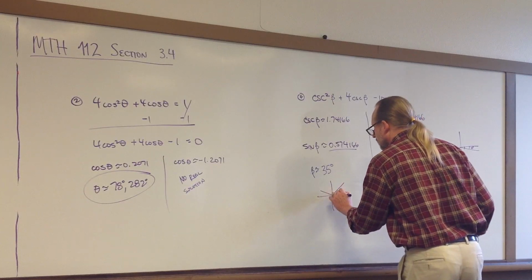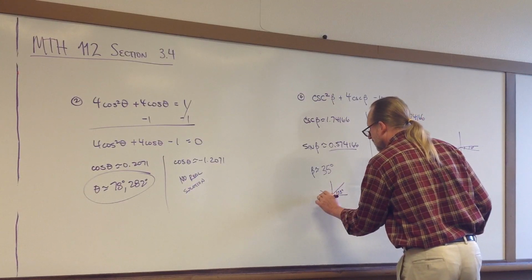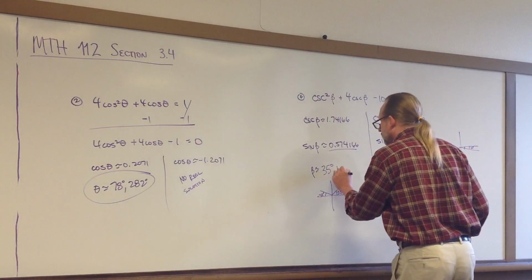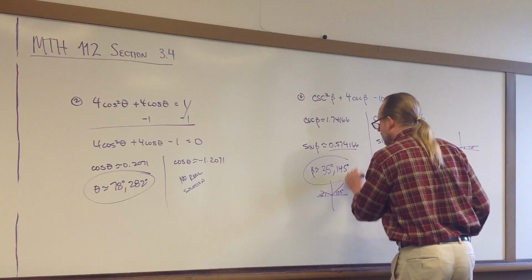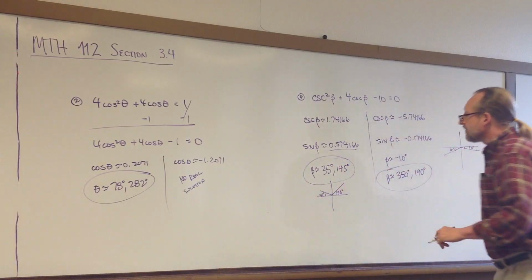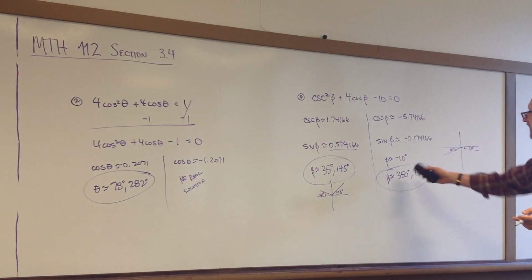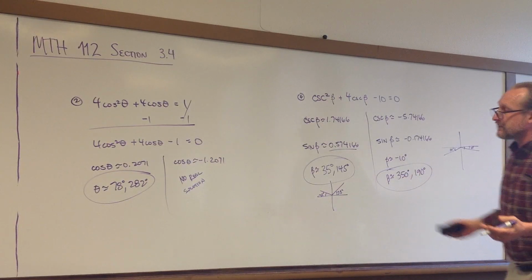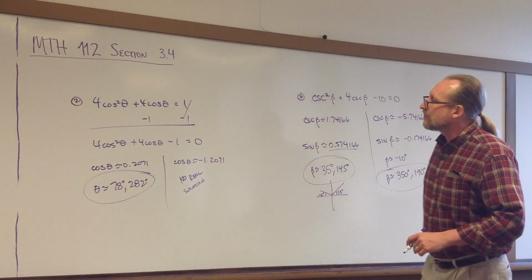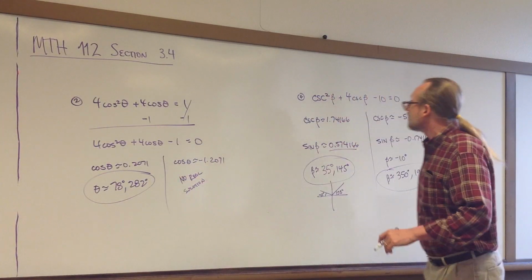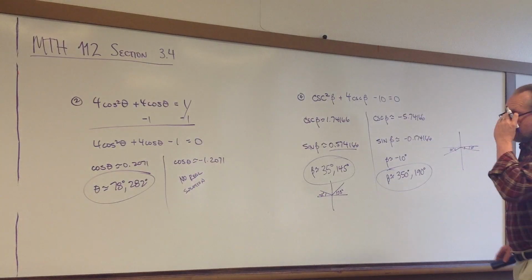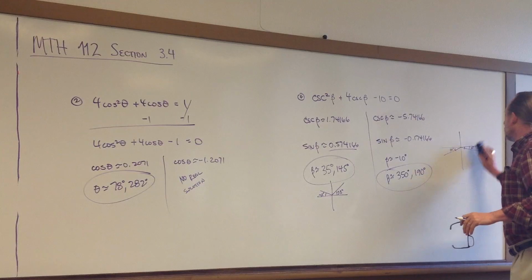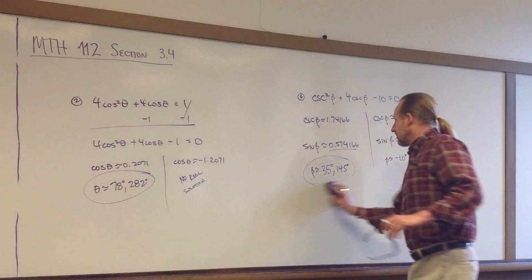So 35 degrees and 35 degrees reference, so 180 minus 35 is 145 degrees. So there are our four solutions: 35, 145, 350, and 190. Those were all 0.0, so we didn't really need to round off to the nearest tenth because that was always 0 in those cases. Now let's keep moving.